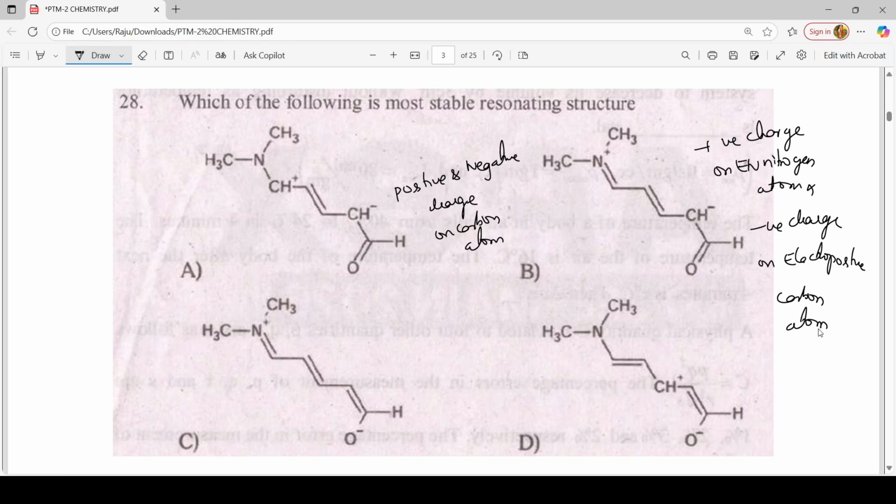Coming to option C: positive charge on the less electronegative nitrogen and negative charge on the more electronegative oxygen.